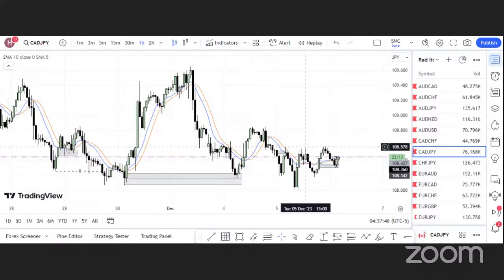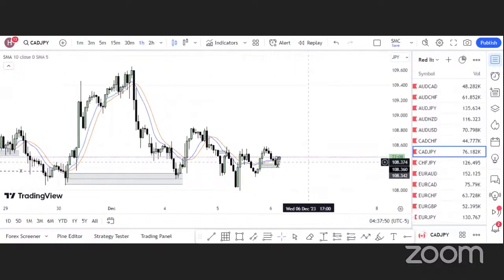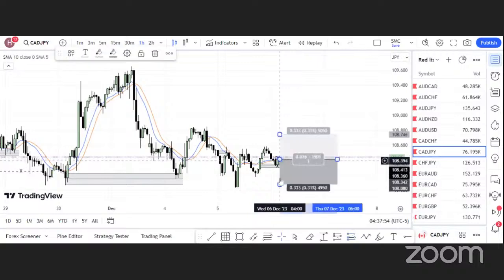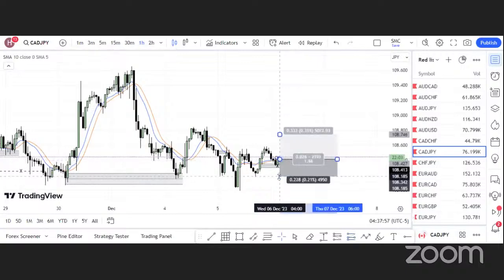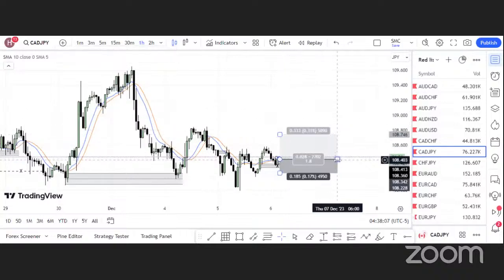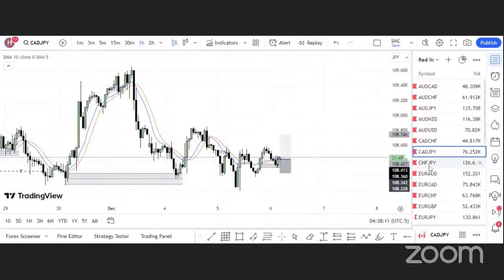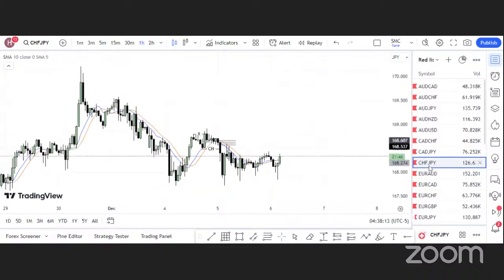On the higher time frame, as you can see from here, the market has already started making its move.